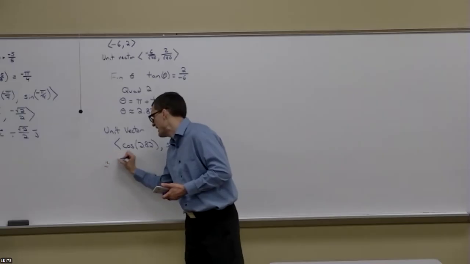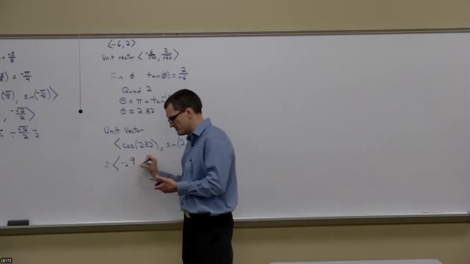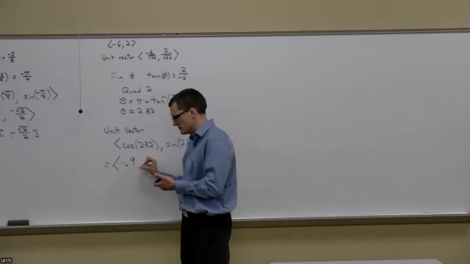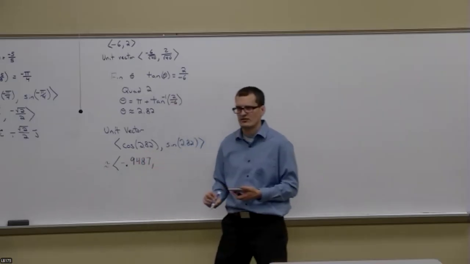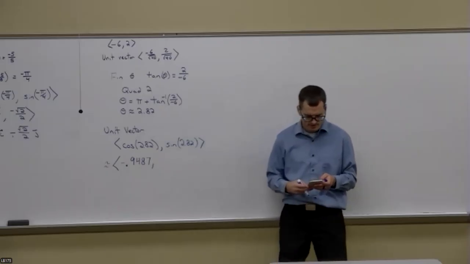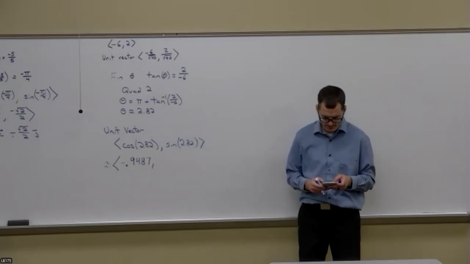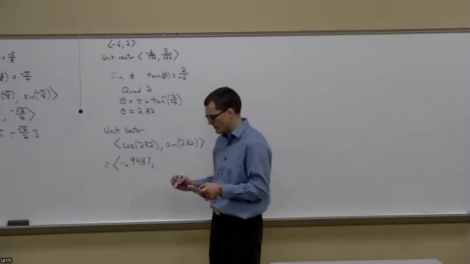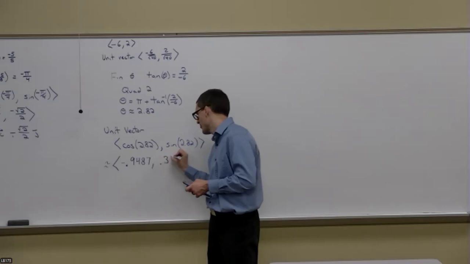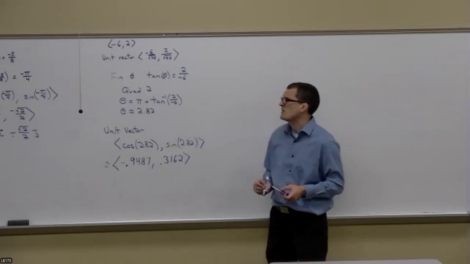That gave me about a negative 0.948678668. Let's just say, rounded to 4 decimal places, negative 0.9487. And then if I take sine of that number, I get about 0.3162. Makes sense.